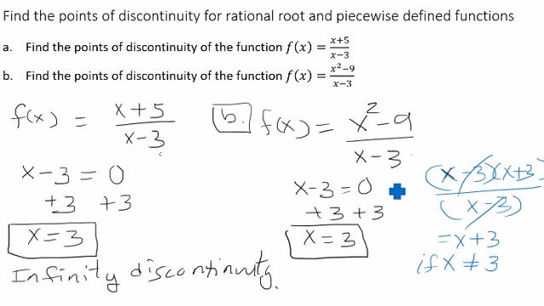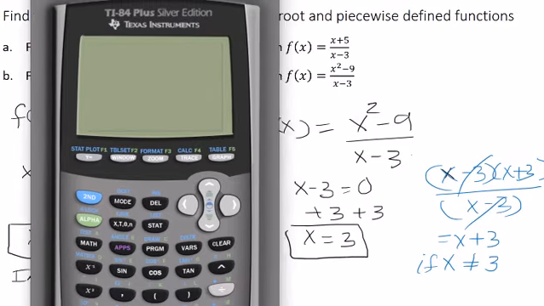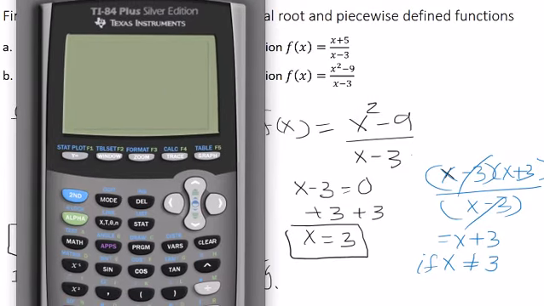So if you draw this function in your calculator, you don't even notice any discontinuity in this function. So let me try to show you that. So let's turn this calculator on and then clear the stuff from there.